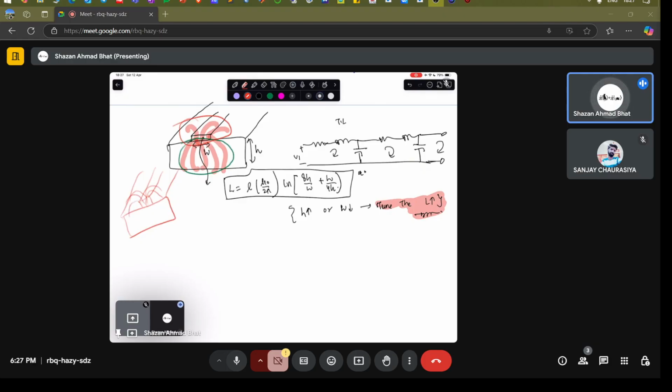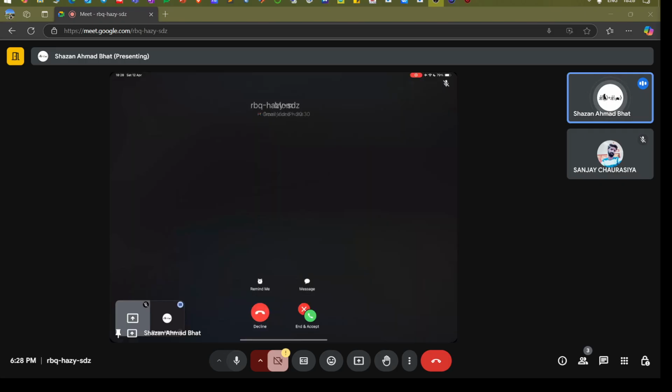That's why you might have heard that you should not keep your phone near your pocket or near your heart, because these field lines are always there. They are basically field lines in the free space around that particular chip.